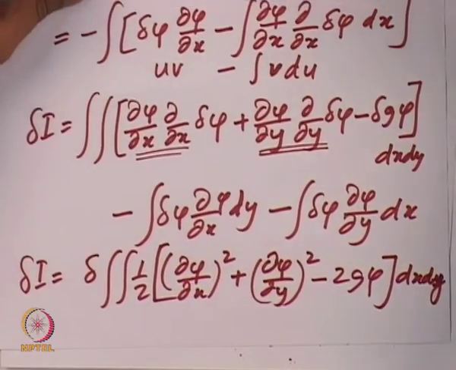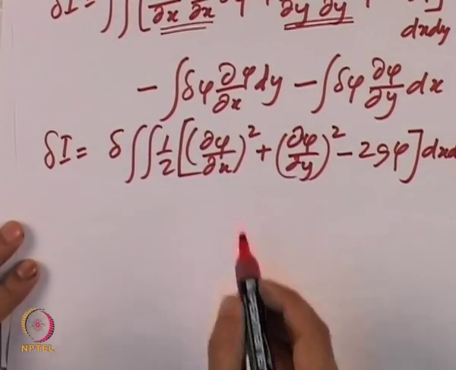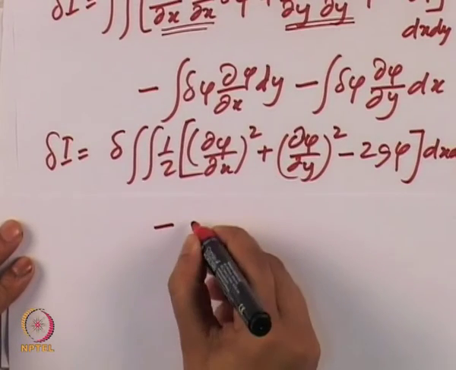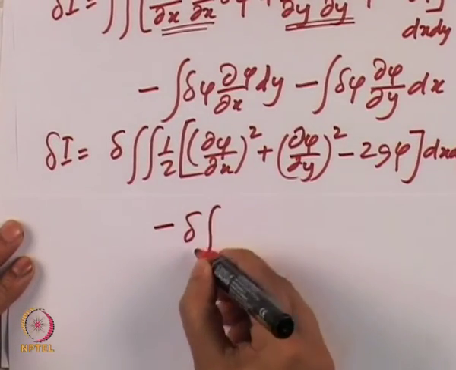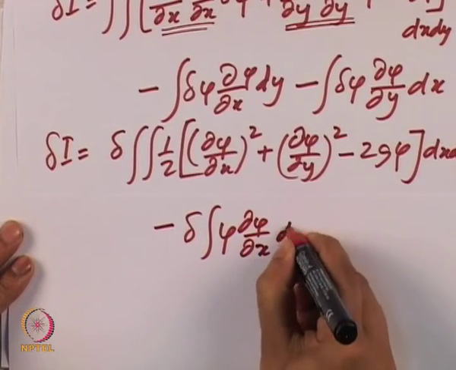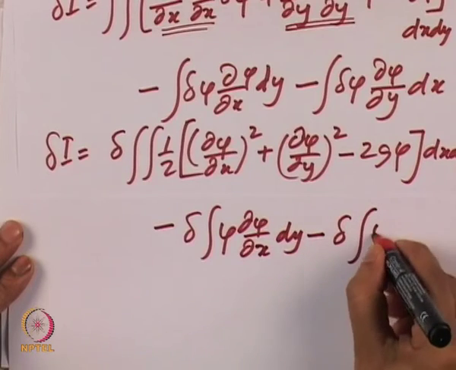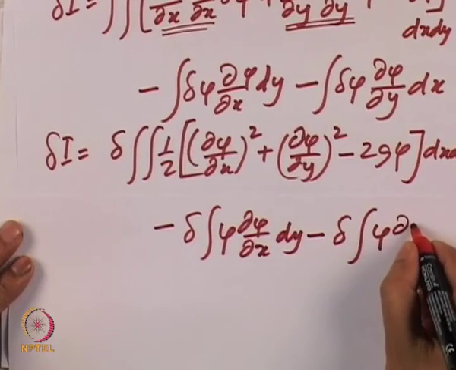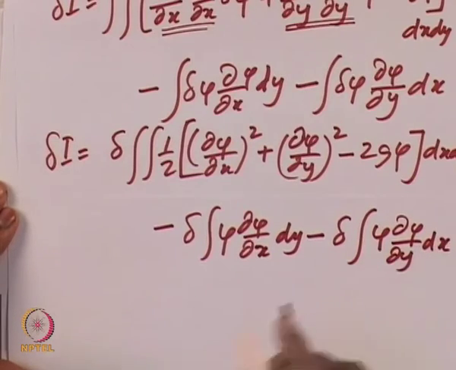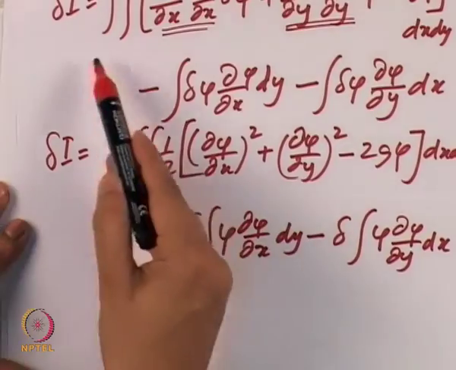We will have two terms coming into play, which will be minus del integral phi d phi by dx dy minus del integral phi d phi by dy dx. What I have done here is take the del out of this particular expression.